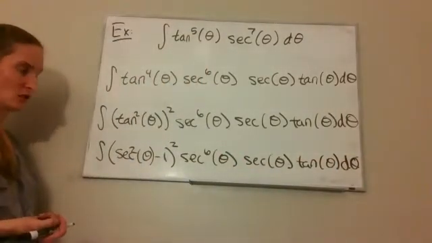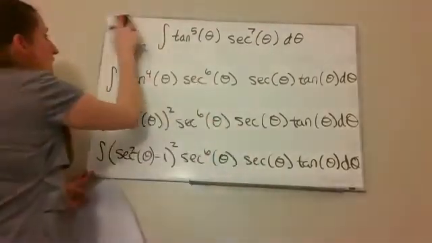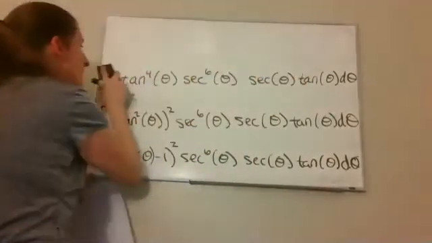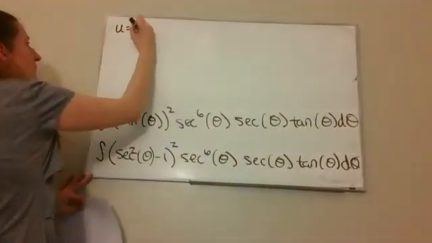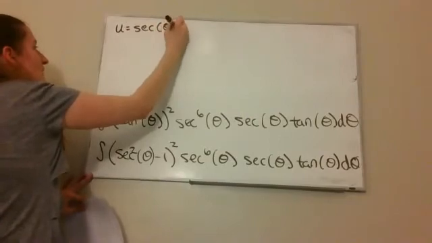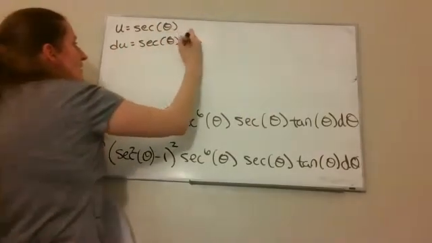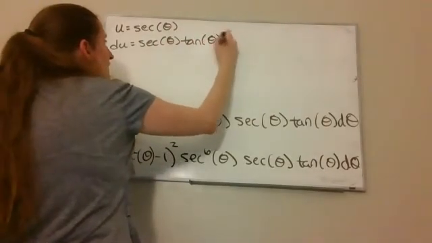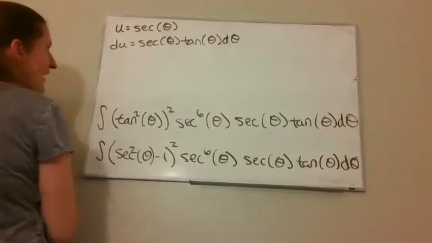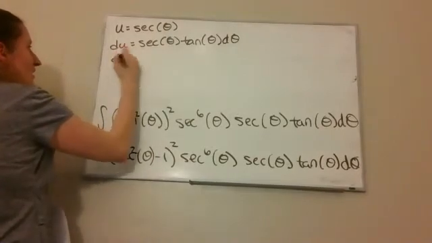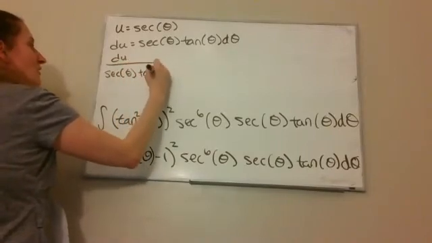Now I'm ready to do some substitution. If I let u equal secant of theta, then du is secant theta, tangent theta, d theta. And that means that my d theta is going to be equal to du over secant times tangent.